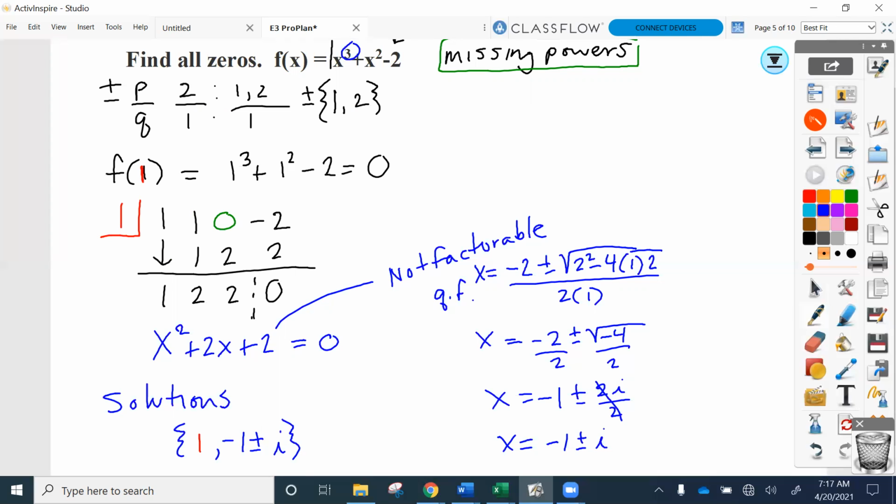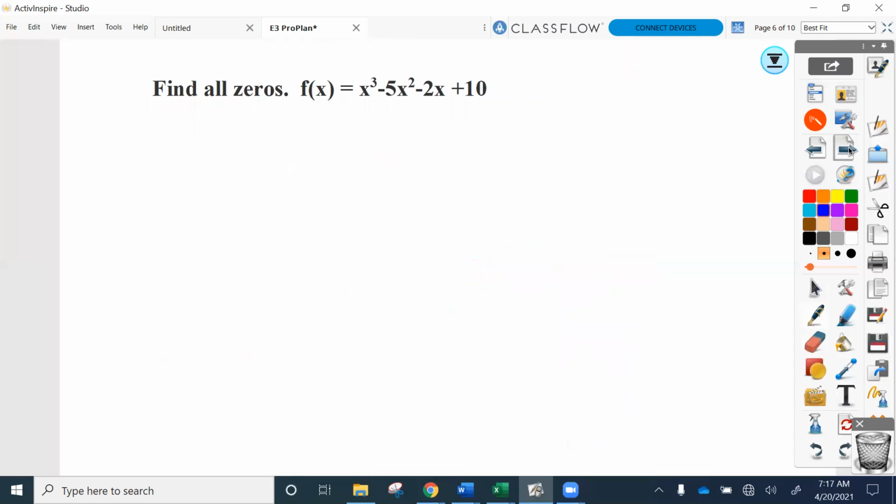All right, let's try one more. Let's see, we want a P and a Q. Here's our Q, here's our P. So plus or minus P over Q. P would be 10, Q would be 1. So the factors of 10 are 1, 2, and 5.